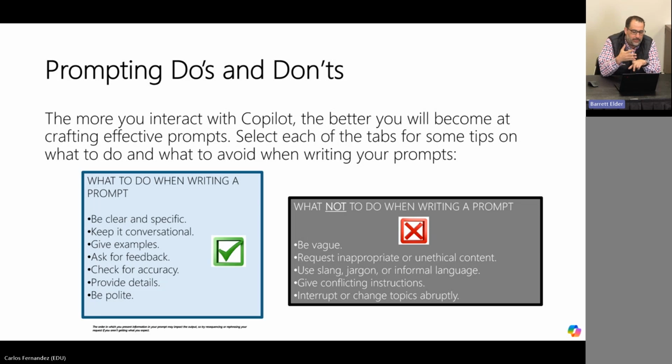As many examples as you can. With Copilot, you can also ask for feedback, or you want to check something, or check for accuracy. These are all the different things that Copilot can respond to. And I always put there at the end, be polite. Not because you're going to get a better response when you're polite with Copilot, but I think it's just a good thing to do.